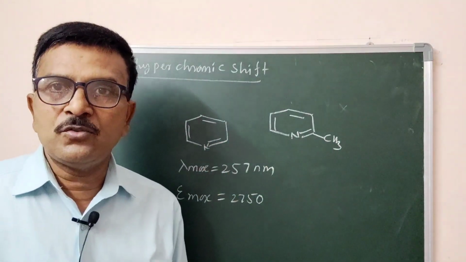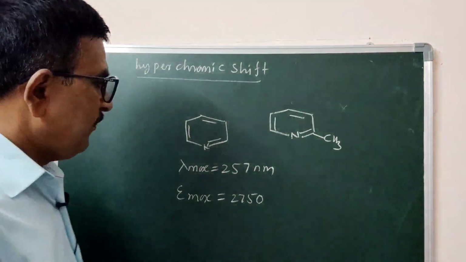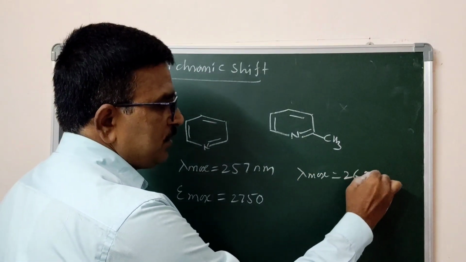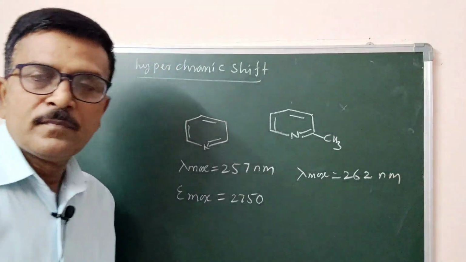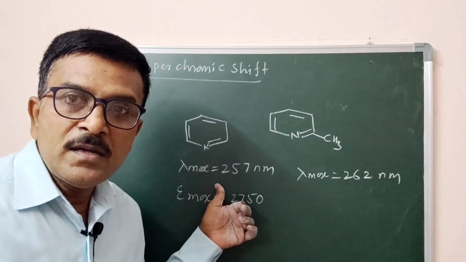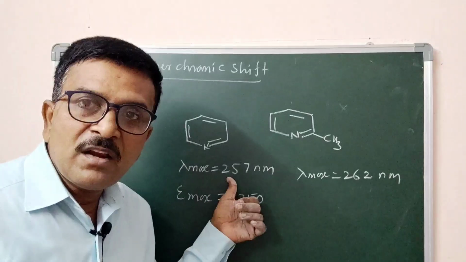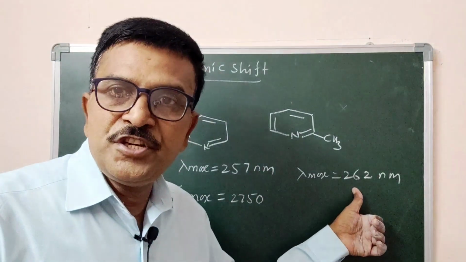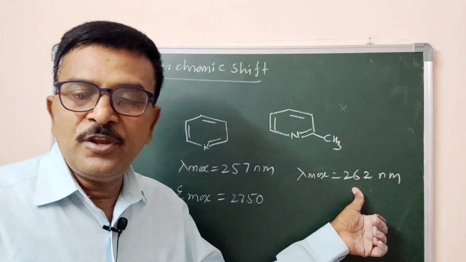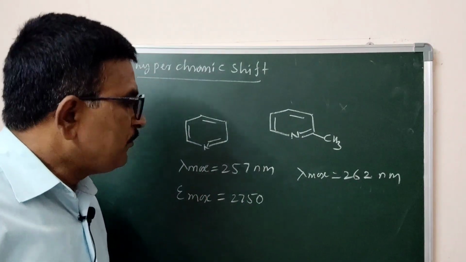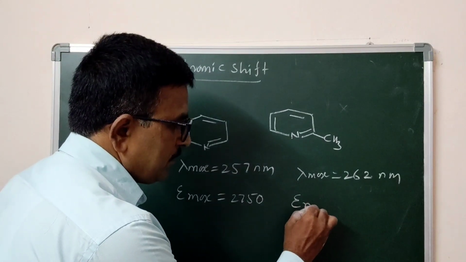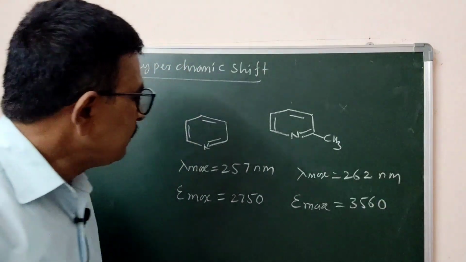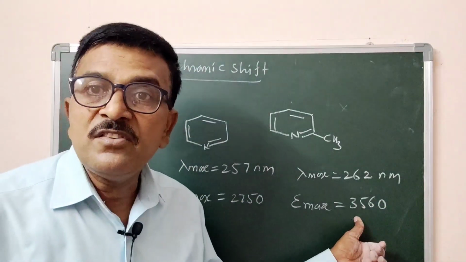We introduced one oxochrome, that is a methyl group, where lambda max is shifted to 262 nanometer. The absorption maxima is shifted from shorter wavelength to longer wavelength, 257 to 262 nanometer. Similarly, the absorption coefficient is shifted from 2750 to 3560.